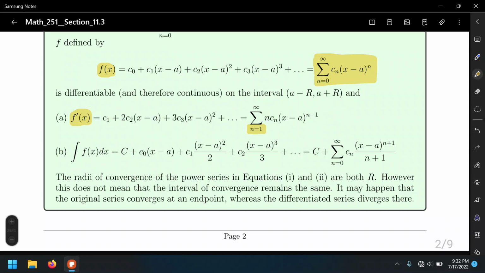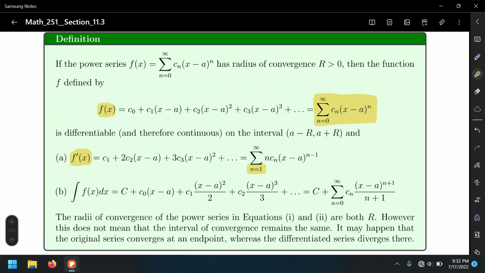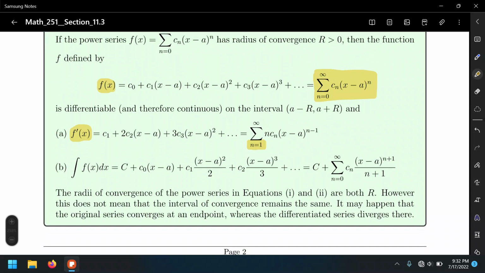It could be exclusive on both endpoints, inclusive on both endpoints, or exclusive-inclusive or inclusive-exclusive. Now, when it comes to taking the derivative of a series, the radius remains the same.